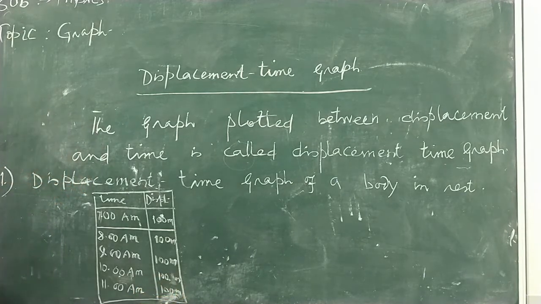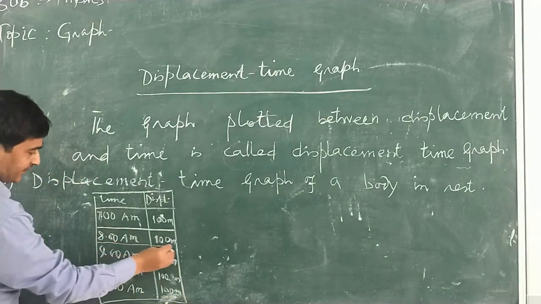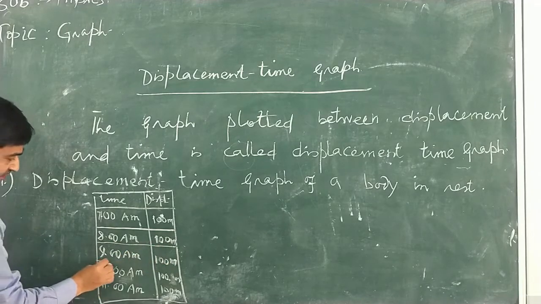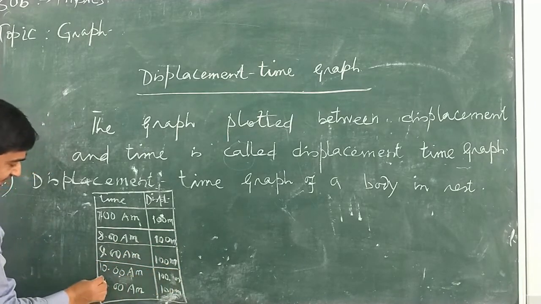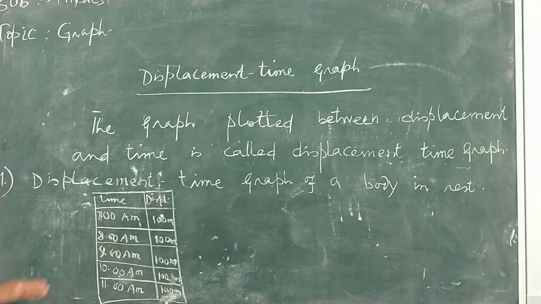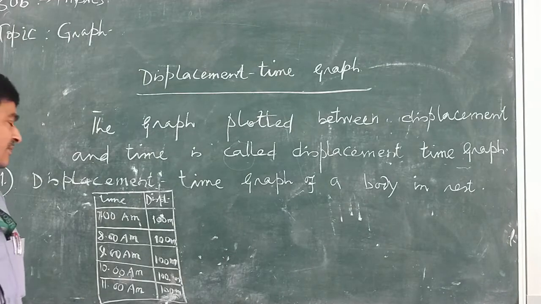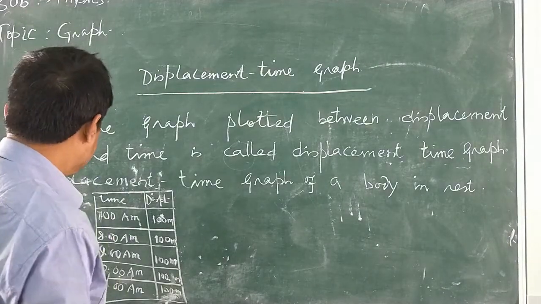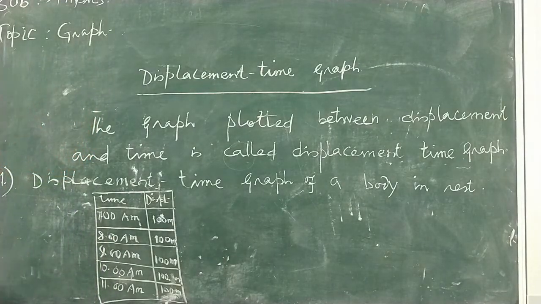So we can say the train is at 100 meters from the station during the time 7 a.m. to 11 a.m. We can understand the train is in rest.